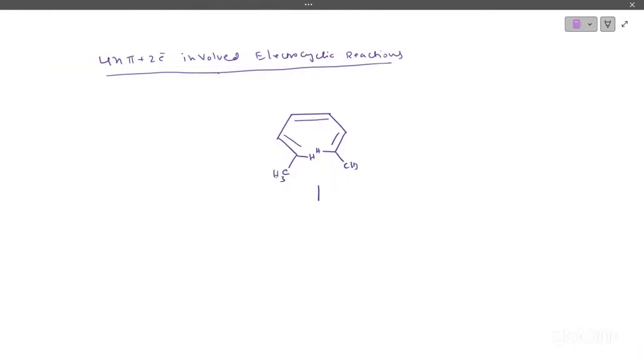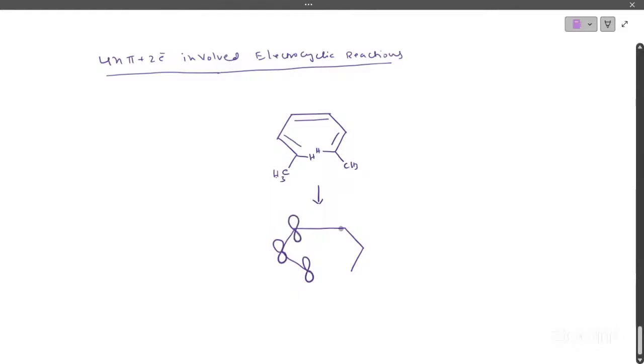Whenever you are showing this one in the orbital representation form, here the C1, C2, C3, C4, C5, C6, and attached substitutions.